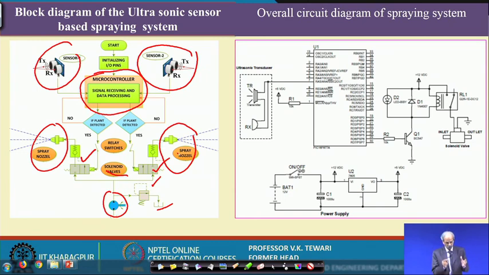Now, this system has been shown with only a single nozzle on both sides, just a representative one. But when you have a canopy, you should know that the canopy must be completely drenched. Otherwise, the insects which are there will not be affected.